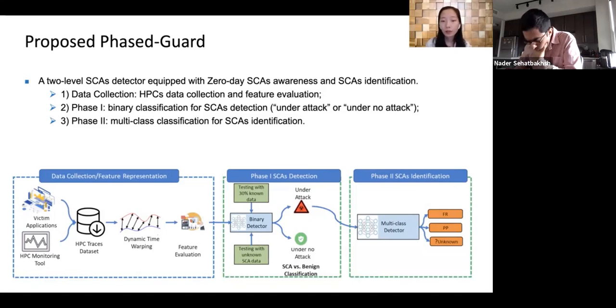During phase 1 detection, the detector tells whether it is under attack or not. This is a binary classification. If it is under attack, then the data will go to phase 2, which conducts multi-classification and gives the type of the attack.